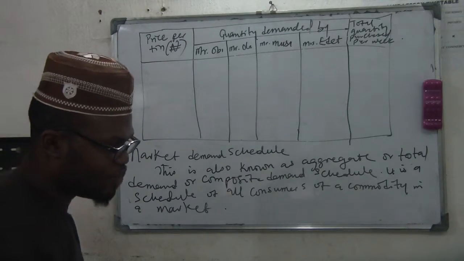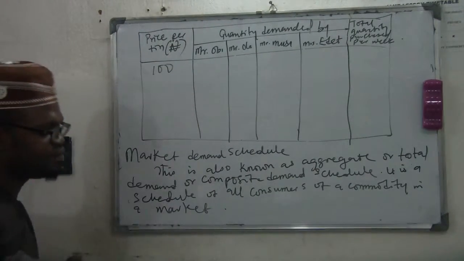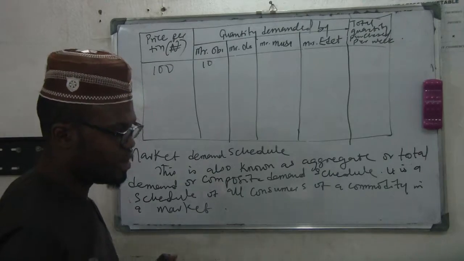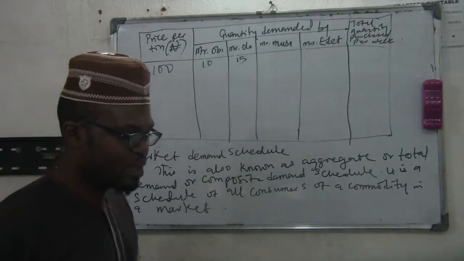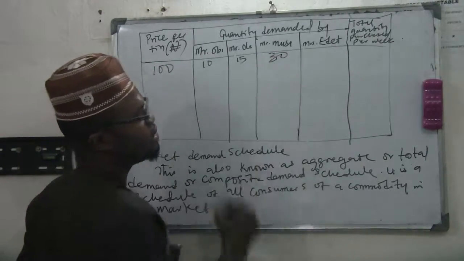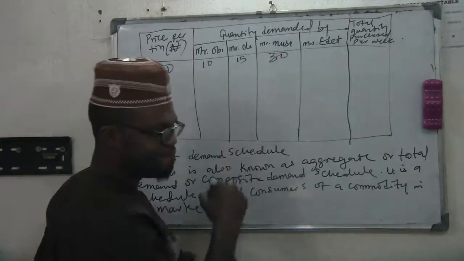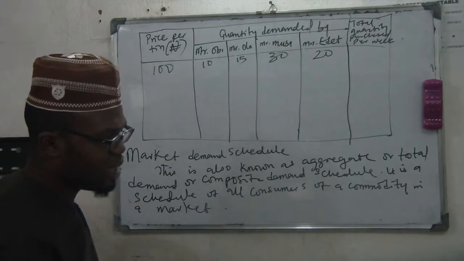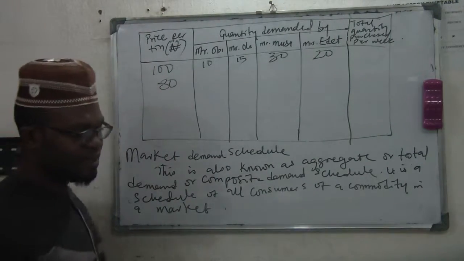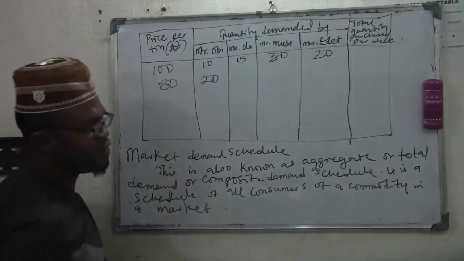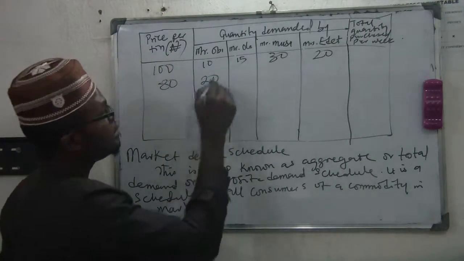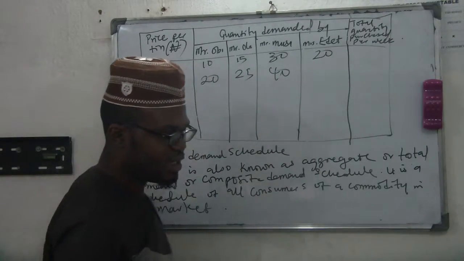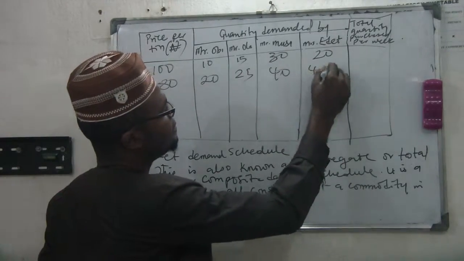So let's say the price of the commodity is 100. Mr. Obi will demand 10, Mr. Ola 15, Mr. Musa 30, Mrs. Edith 20. When the price is 80, Mr. Obi will demand 20. You see it's increasing. Ola 25, Musa 40, Edith 40.